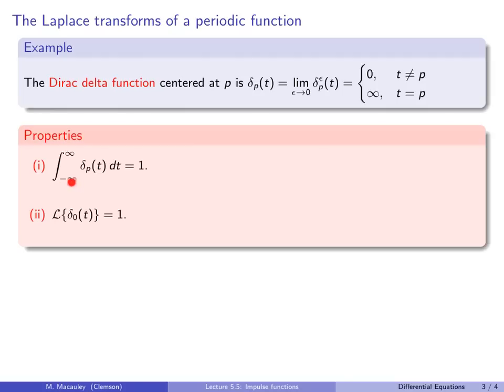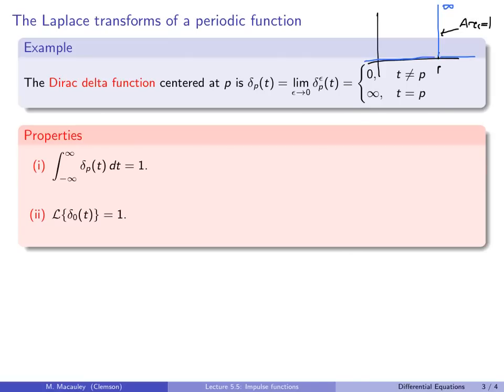Okay, so some properties of this. This is just a fancy way of saying that if we go up to p and we draw the delta function, it's going to be 0 everywhere else and infinity up here, and the area under this curve is 1.